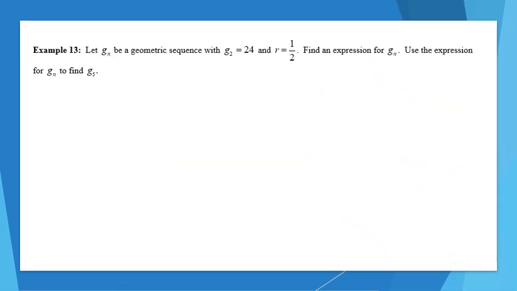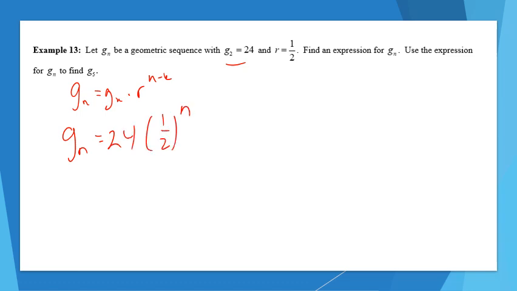All right, so for example 13, we are given g of 2 equals 24 and r equals 1/2. Find an expression for g of n. So writing out our formula as always, we can plug in g of 2, or 24, as g of k. Our r is 1/2 to the power of n minus, and then in this case it would be 2.